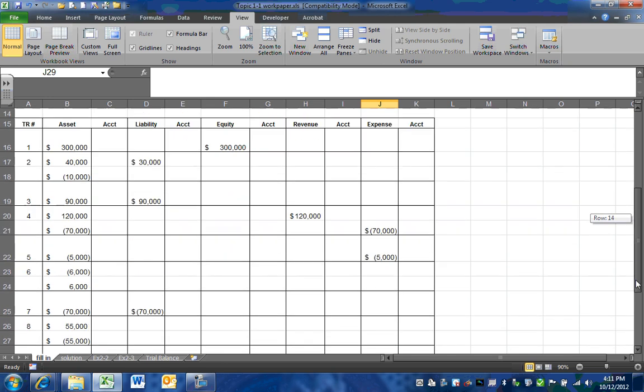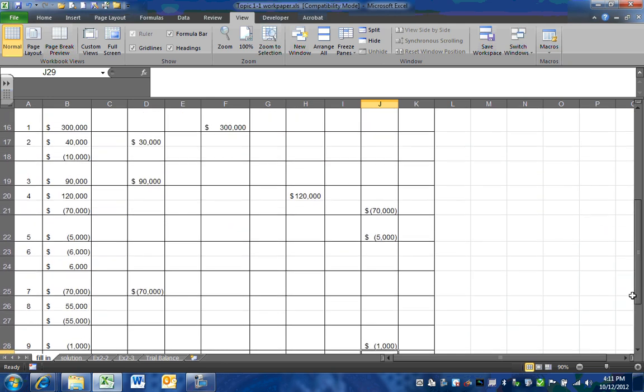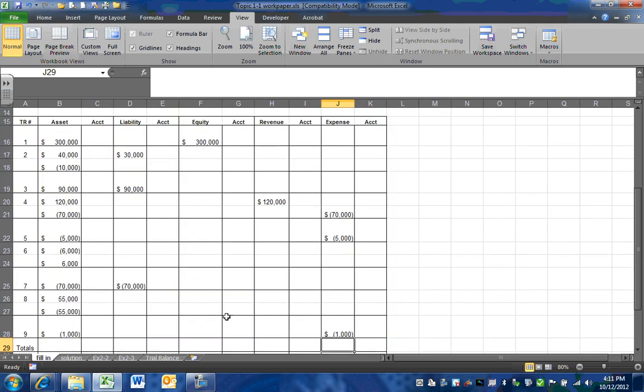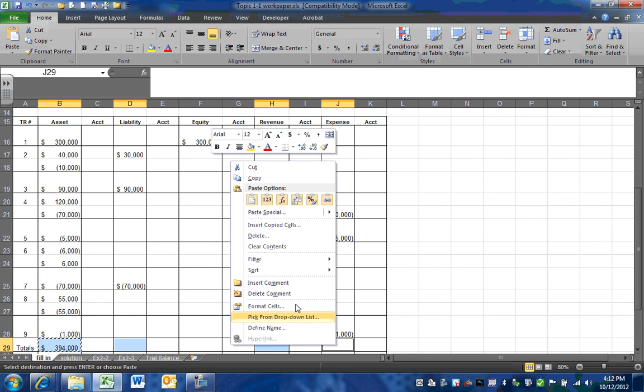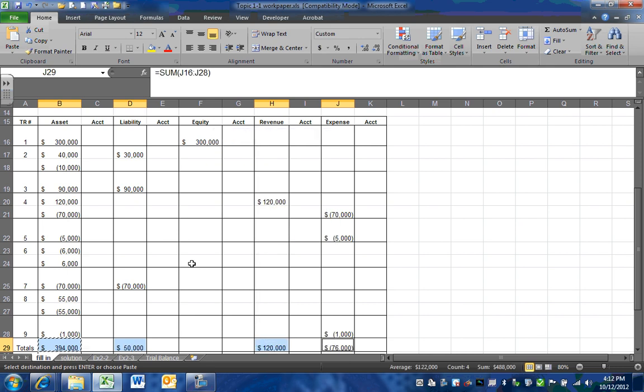So now at the end of the period, we can sum up our categories. Get the total of our assets, our liabilities, our revenue, and expenses.